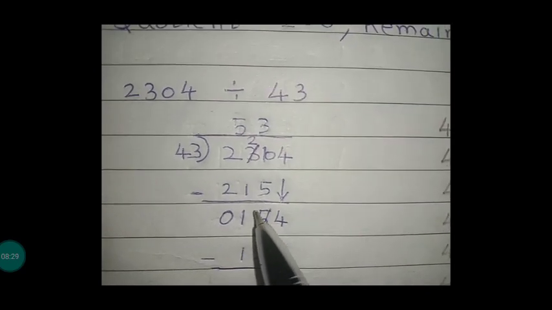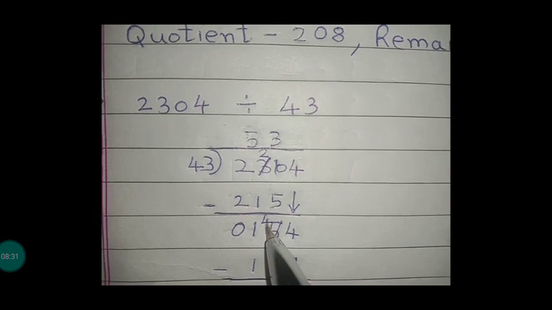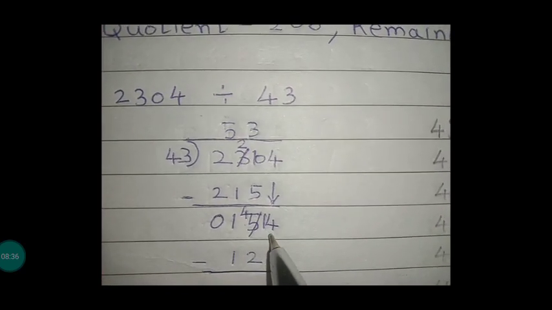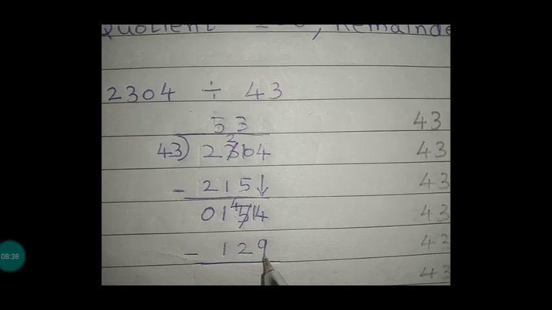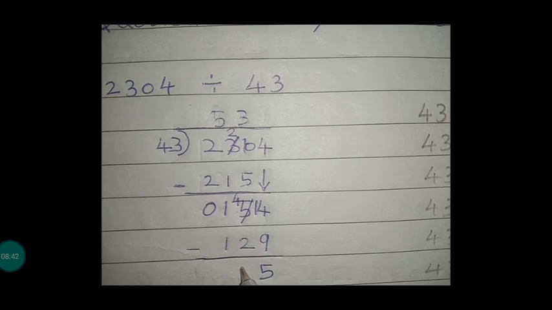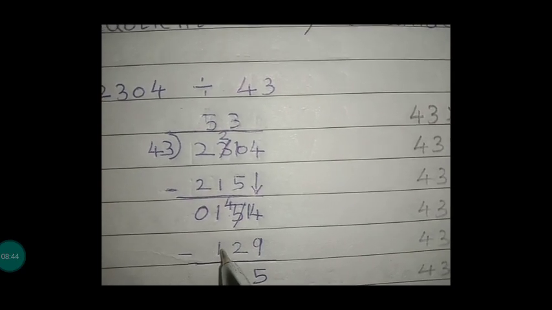So from 5 you borrow 1. The number remaining will be 4, and here we will get 14. 14 minus 9 is 5. 4 minus 2 is 2. 1 minus 1 is 0.